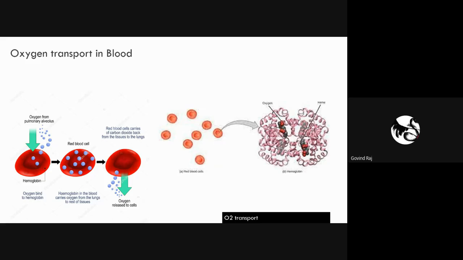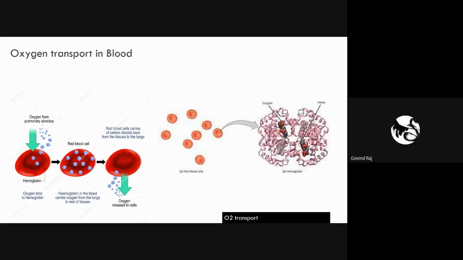There is a mechanism that is known as cooperative binding. When one oxygen molecule gets incorporated into the hemoglobin, there is a change in the conformation of the entire molecule that results in a change in the affinity of hemoglobin towards oxygen.